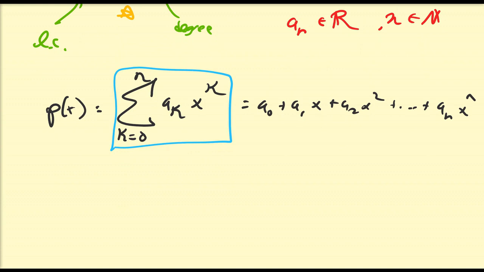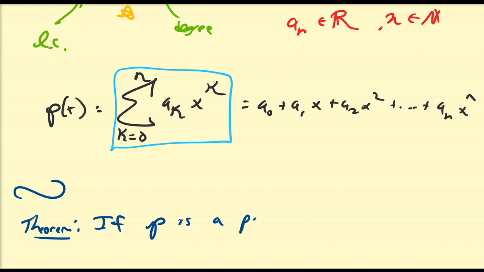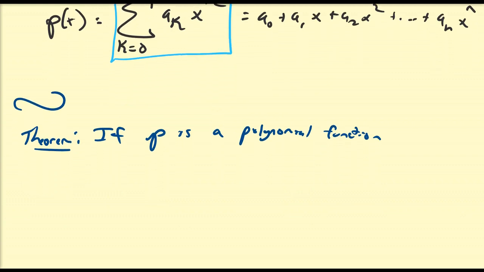A couple things to be said about the sum, difference, and products of polynomials and some properties associated with them. Here are a couple theorems that you should know ahead of time. Let's assume that P is a polynomial function, so it's a sum of monomials whose powers are natural numbers, of course, and the leading coefficients are real numbers. Then the domain of P is the set of all real numbers.